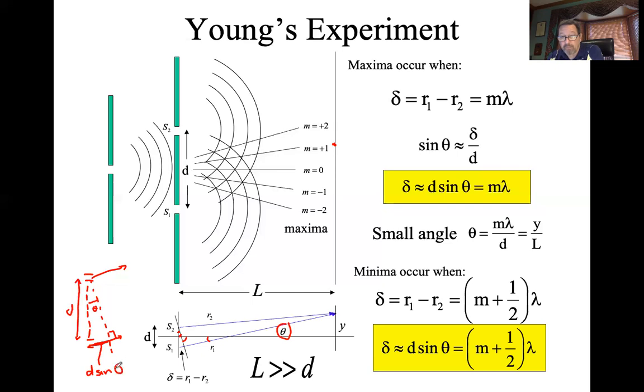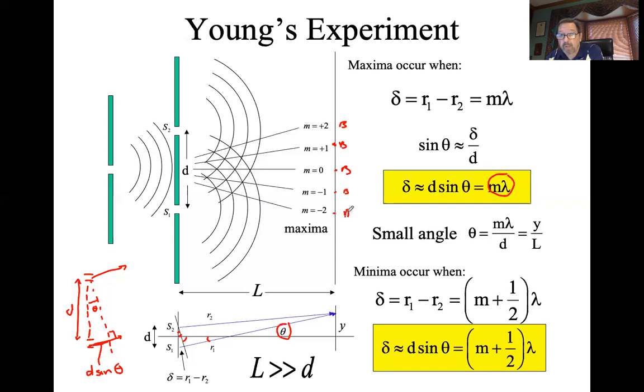So d times the sine of theta is that little extra distance. If it is exactly a wavelength or two wavelengths or three wavelengths, an integer multiple of wavelengths, m can be any integer, 0, 1, 2, 3, minus 1, minus 2, minus 3, I should expect to get a bright spot.